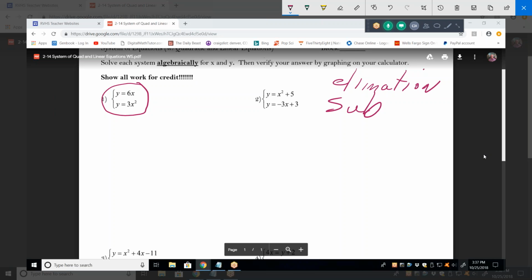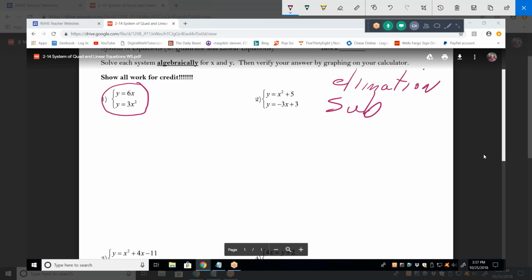So what can I write? Those y's are the same. What can I say about the x's? They're equal, not different.